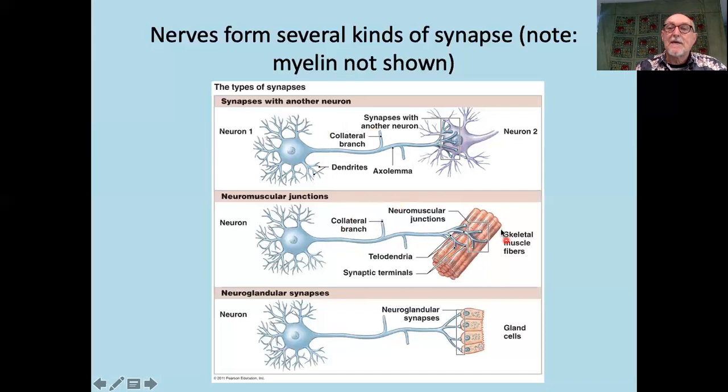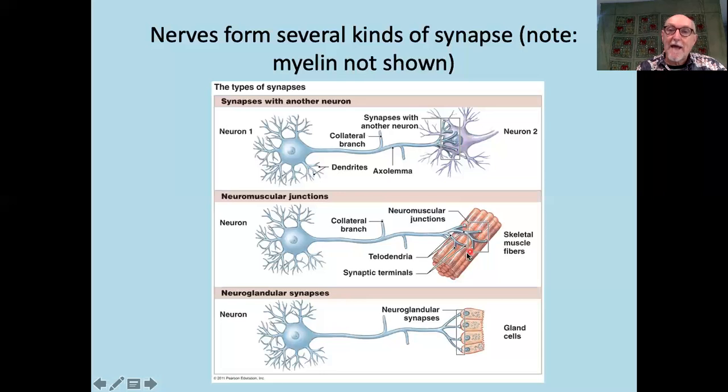This here is what happens when a nerve synapses with a muscle. You can see here, these are called neuromuscular junctions. They are specialized junctions because a specialized neurotransmitter is released from the end.